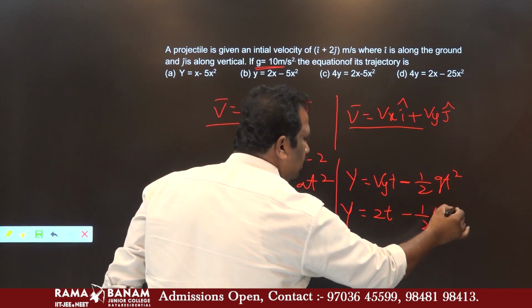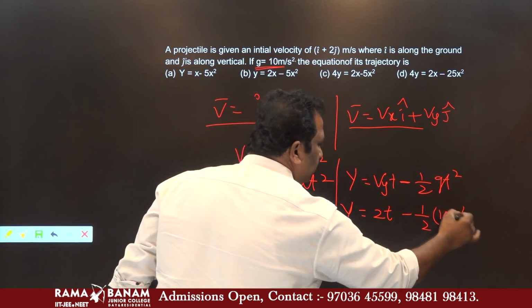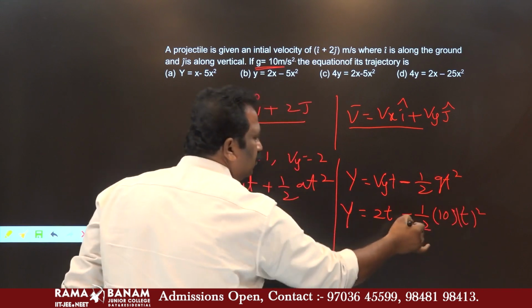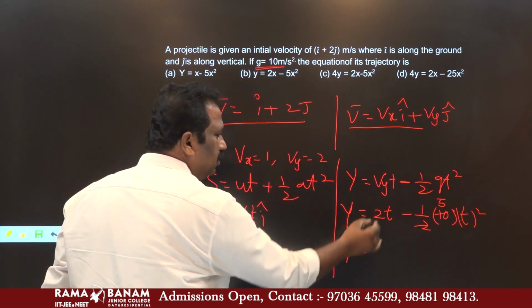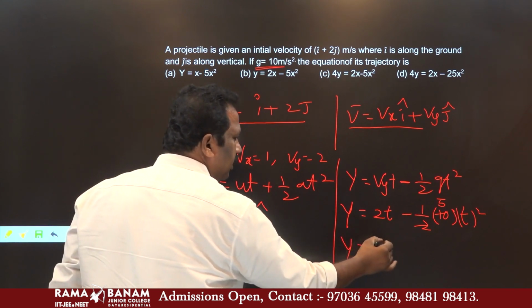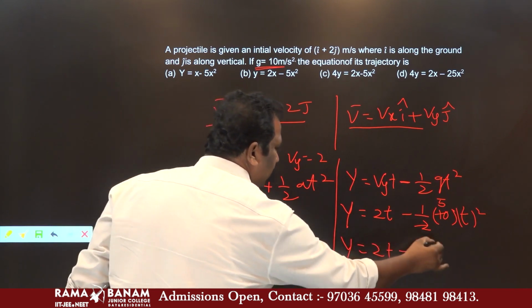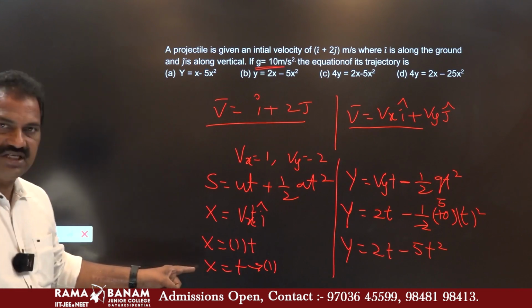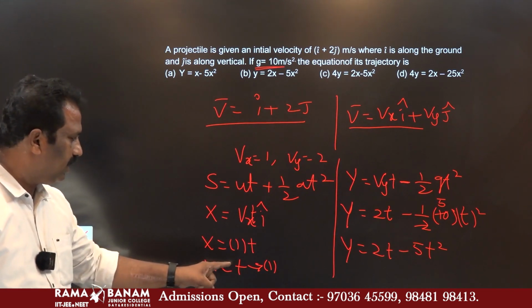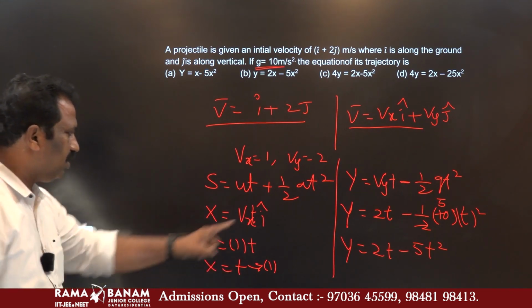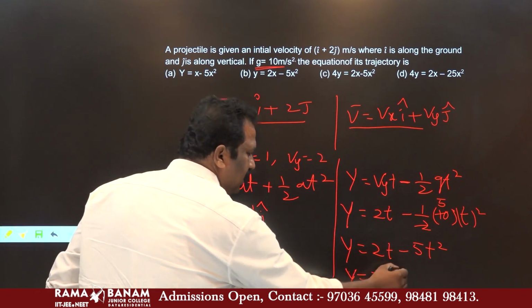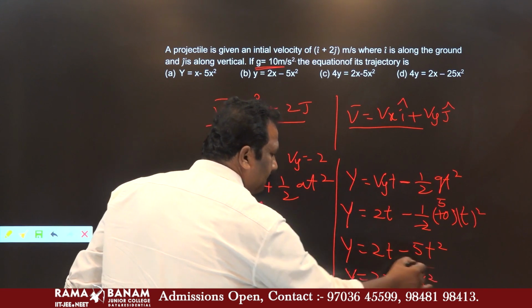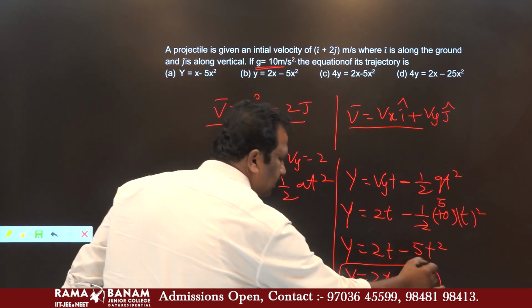Substituting, 2 fives are 10. Now y is equal to 2 into t minus 5t square. Comparing with equation 1, where x is equal to t, substitute t is equal to x. Finally y is equal to 2x minus 5x square. So this is the final answer.